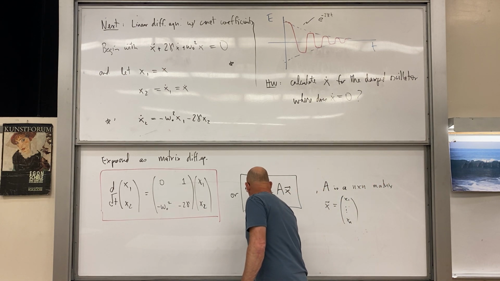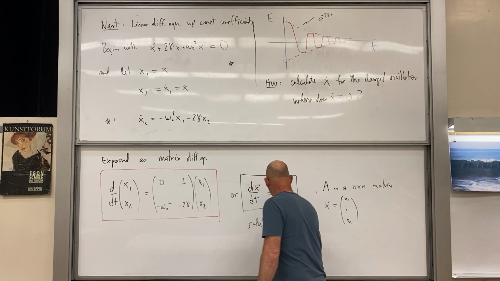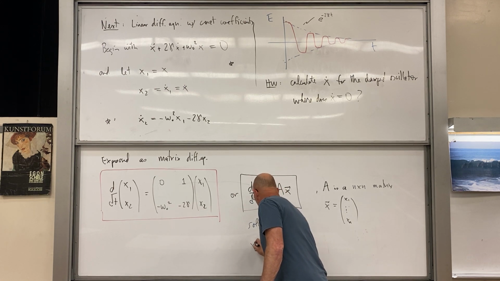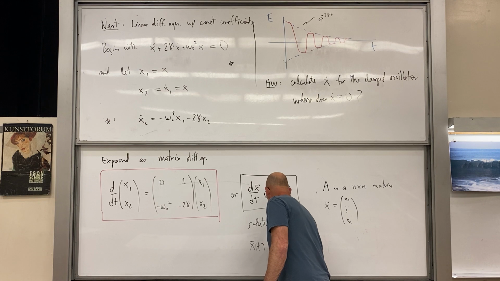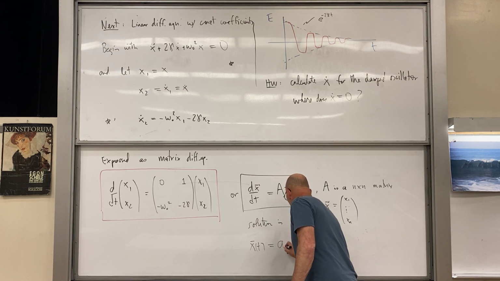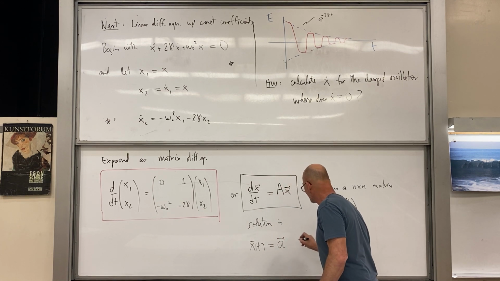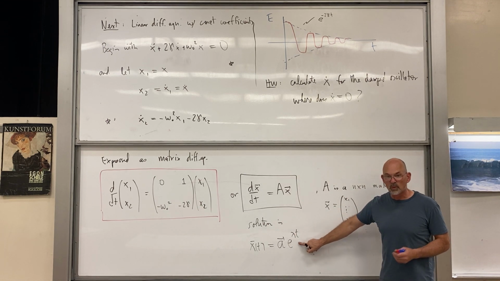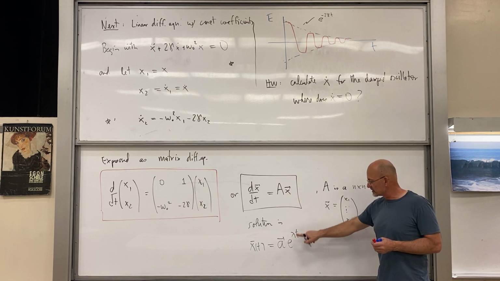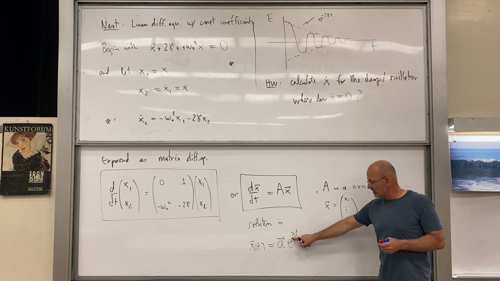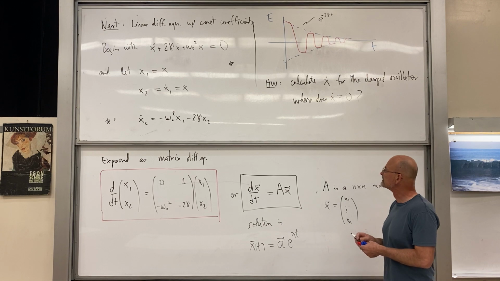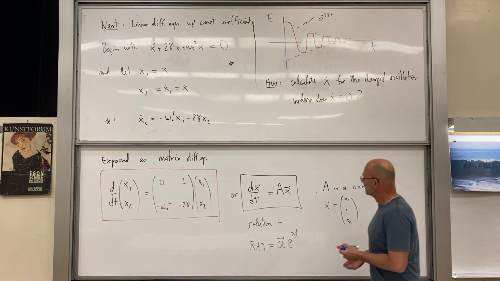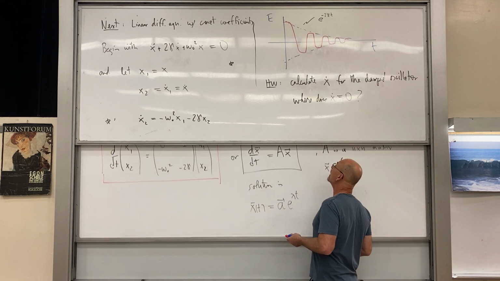So the solution is x of t is equal to a vector I'm going to call lowercase a e to the lambda t. And this e to the lambda t is just the exponential function we've been using, with t of course scalar, lambda can be complex. So let's tackle this.